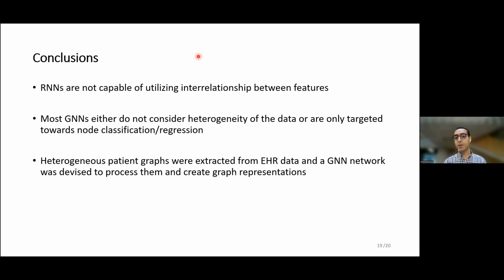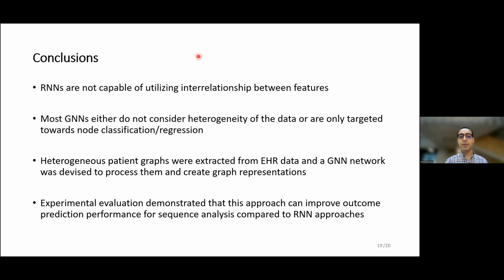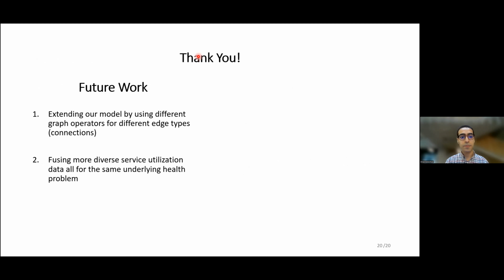Heterogeneous patient graphs were extracted in our study for EHR data, and a GNN network was devised to process them and create a graph representation, taking the heterogeneity into account when creating the final graph representation. Experimental evaluations demonstrated that this approach can improve outcome prediction performance for sequence analysis compared to RNN approaches.